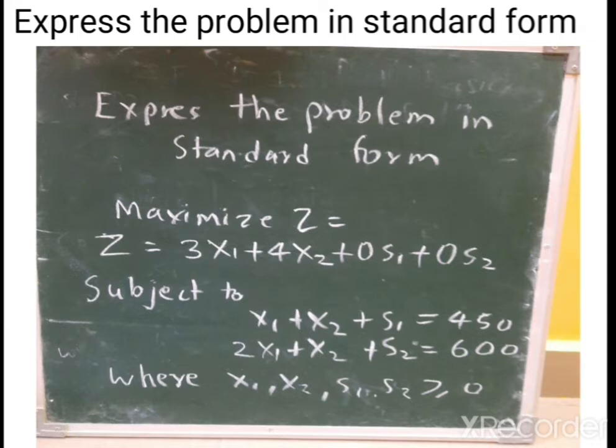Similarly, S2 denotes the idle time for machine M2. Since slack variables represent idle resources, they contribute 0 to the objective function. Accordingly, they are associated with 0 coefficient in the objective function, so it has no effect.